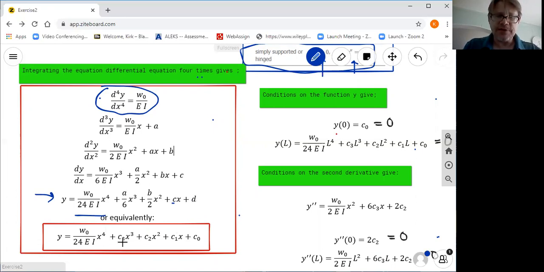For simplicity purposes, we're just going to take the constants that are in front of each of those other terms and call them C0 through C3 for purposes of our derivation later on. And I'll invite you all, class, at your leisure.